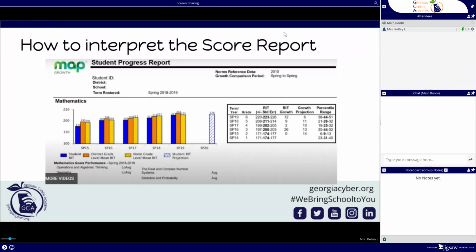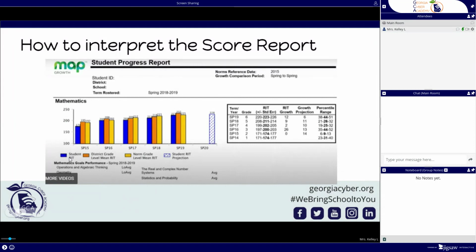All right, so how to interpret the score report. We'll have more detailed images in just a second, but this is an overview of what you get if you're sent a PDF of the score report. Your student might also be able to download it from MAP itself. Typically, you'll have the subject area, in this case mathematics. And then you'll have these bar graphs.